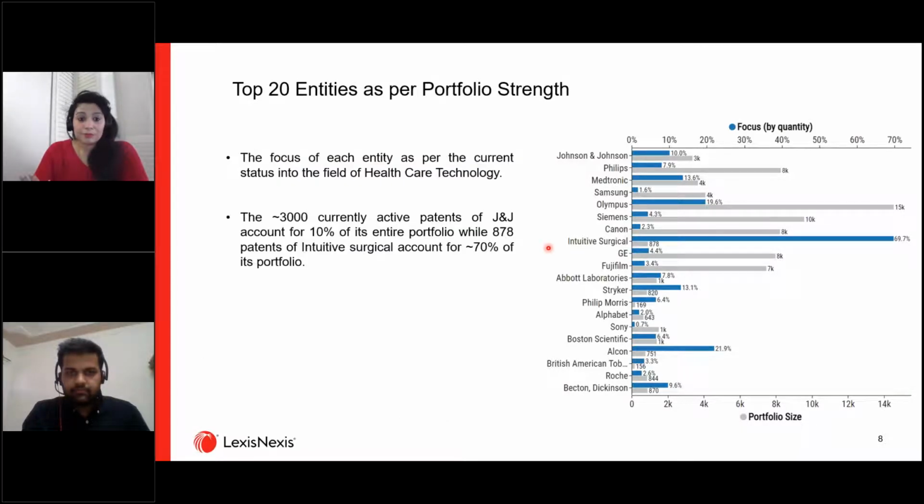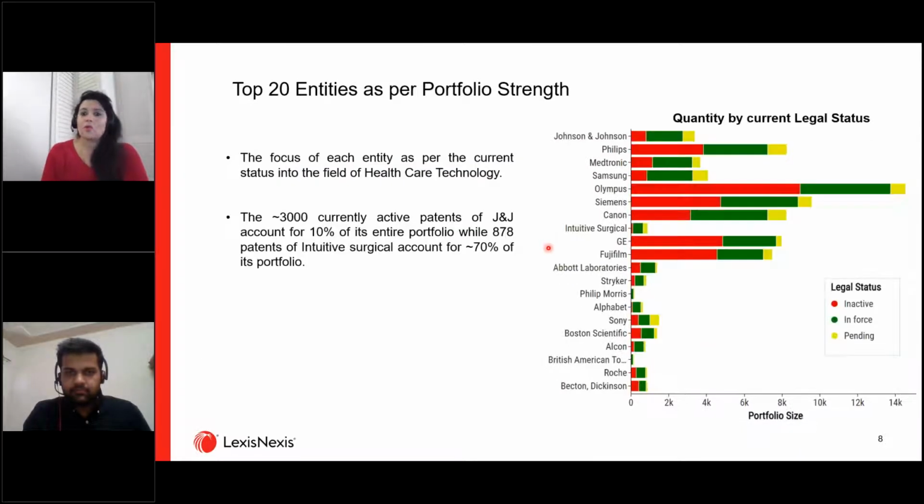The other thing before we move ahead is what is the legal status of the patents that belong to these entities? As we see here, Johnson & Johnson at the top, it has fewer inactive patents and more active patents which are either in force or pending.